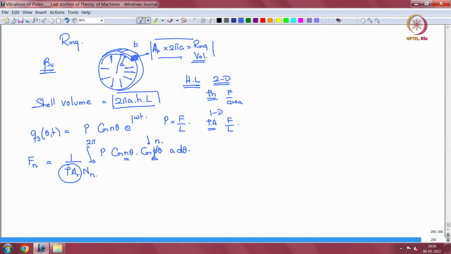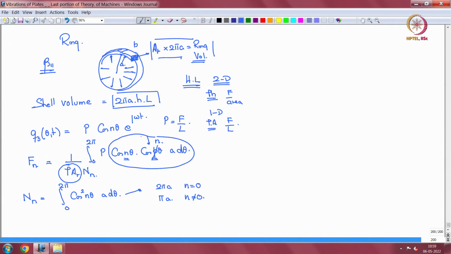Nn is also the integral 0 to twice pi of cos square n theta a d theta. This is equal to twice pi a when n equals 0, and pi a when n is not equal to 0, and so is the numerator.